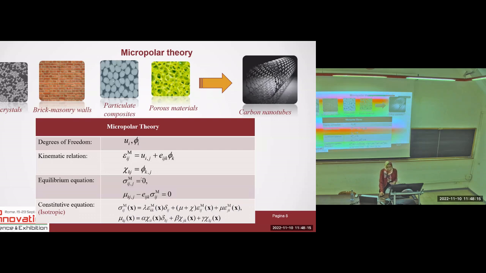So we have another kinematic measure, which is curvature. In the equilibrium equation and in the constitutive equation, we have more material parameters. These material parameters, like beta, gamma, alpha, are indirectly related to the internal structure of the material.